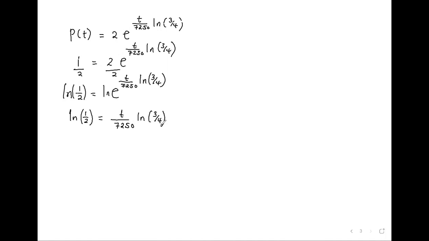Cross multiply, you're looking for t, of course, so you have 7250 ln(1/2), and then divide by ln(3/4). This is going to give us t. So you have found t. Do you worry about decimals? No worry. This is just the value of t that they asked us to find.